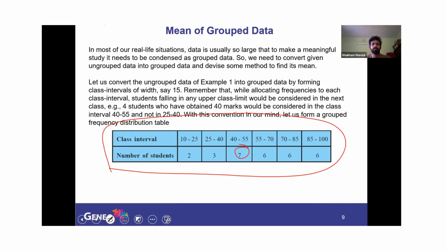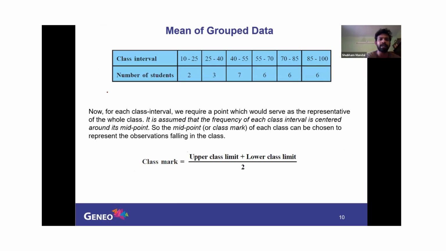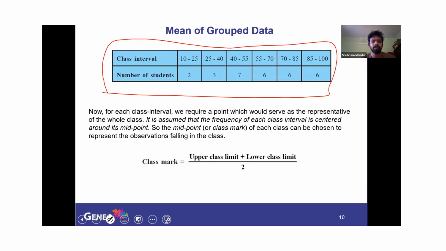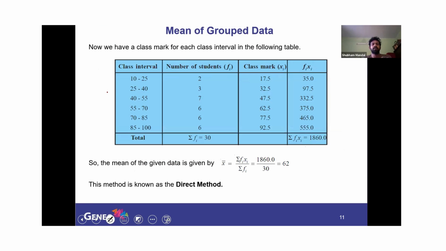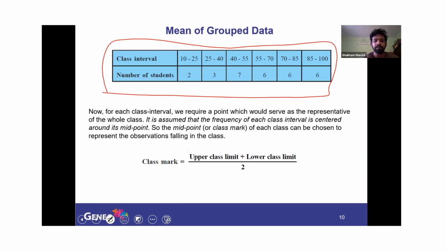Now, how do we find the mean of this? After getting this table, we take the midpoint of each class, which is the upper class limit plus the lower class limit divided by 2. It is assumed that the frequency of each class is centered around its midpoint.